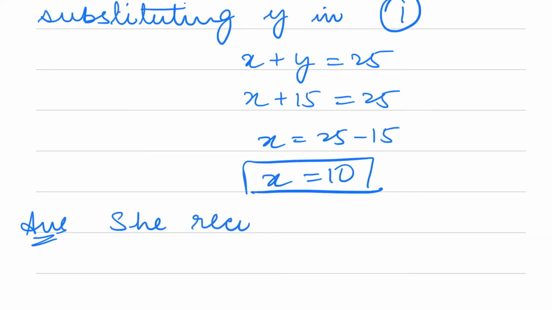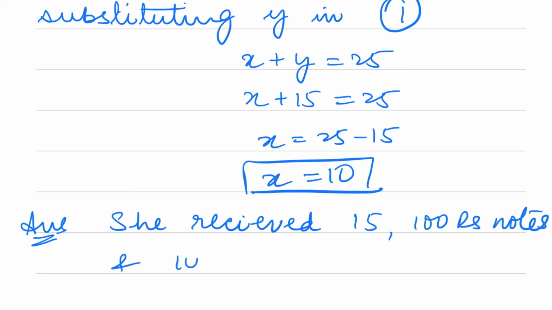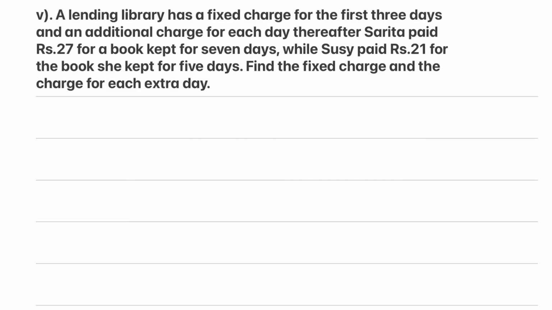She received 15 100 rupee notes and 10 50 rupees notes. So 1500 plus 500.